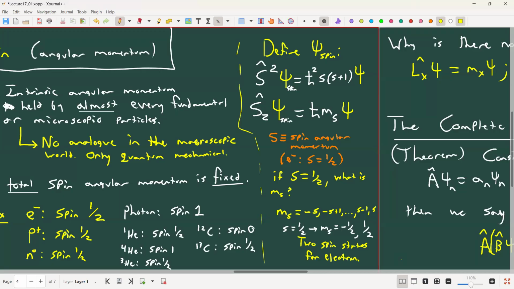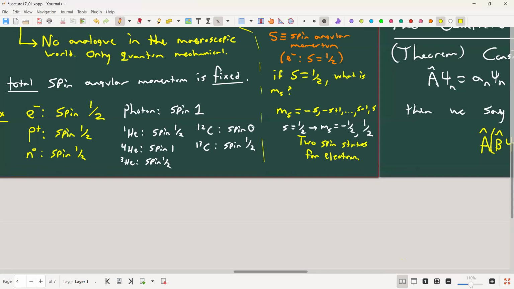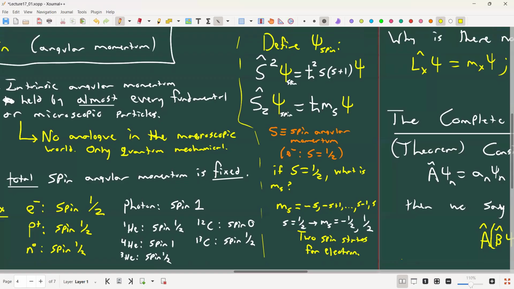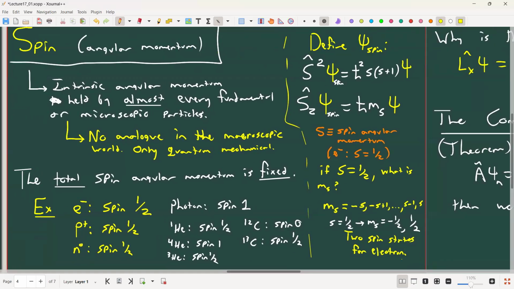And spin is a magnetic property of the system. The reason why things are magnetic in the first place is because of spins. The spin is the source of the magnetic moment for a particle. I don't have any room to put that on this board, but the presence of spin implies magnetism. Don't have magnetism without spin.